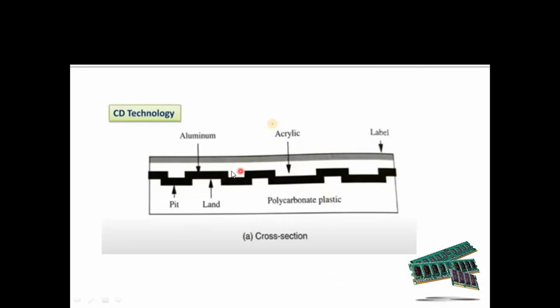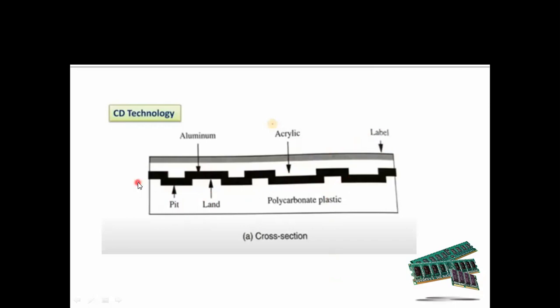Here the main important thing is pit and land. This is called pit and this is called land. Based on this arrangement, the memory capability of the CD or DVD depends.